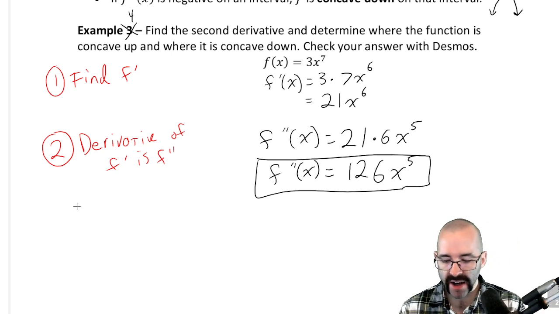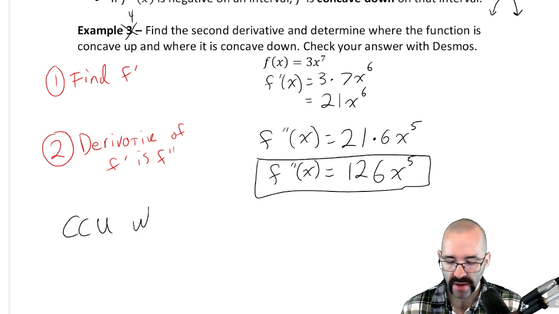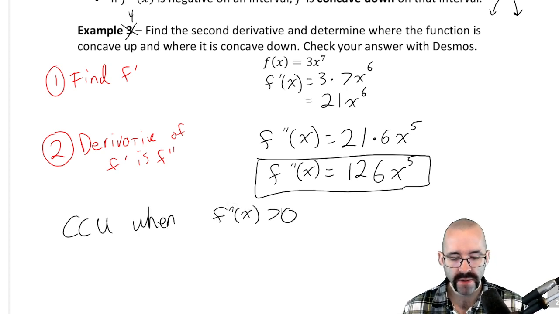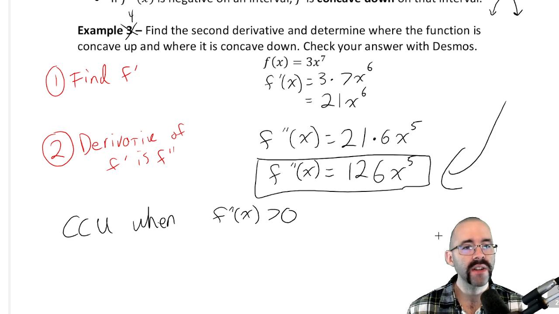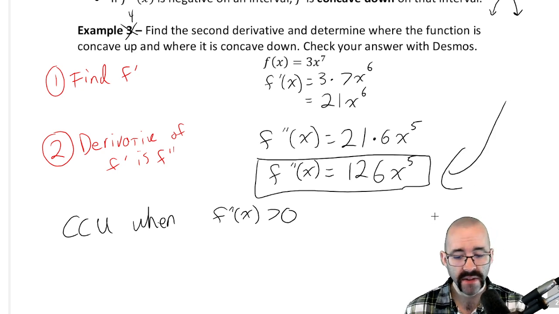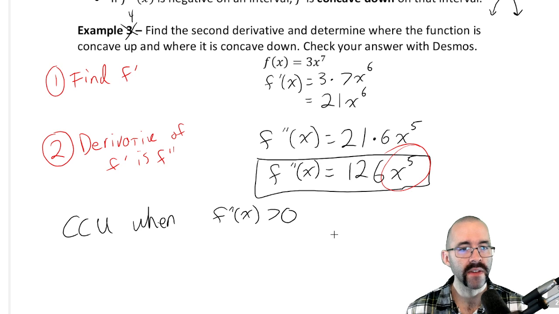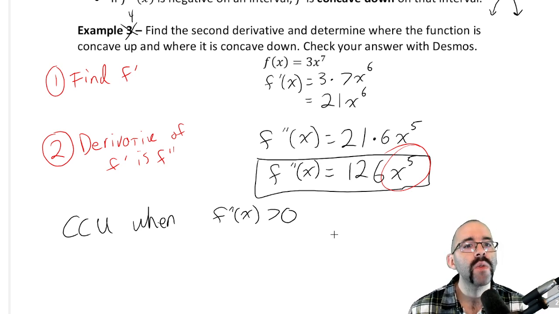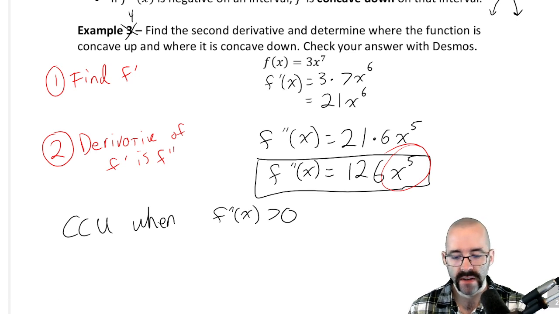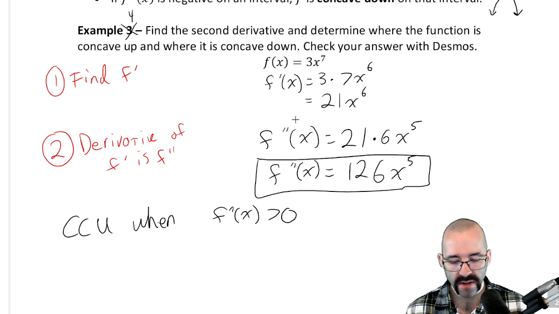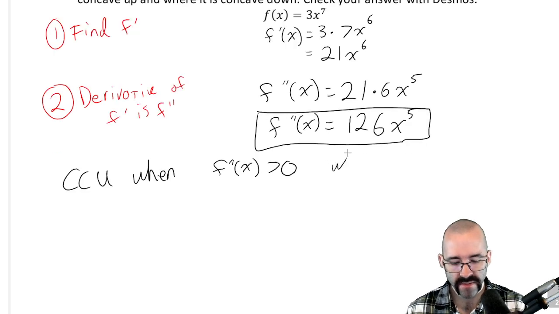Okay, determine where the function's concave up and concave down. So remember, it's concave up when the second derivative is positive. So where is this positive? Well, it's going to be positive when x to the 5th is positive. What kind of number do you raise to the 5th power to get a positive number? All right.